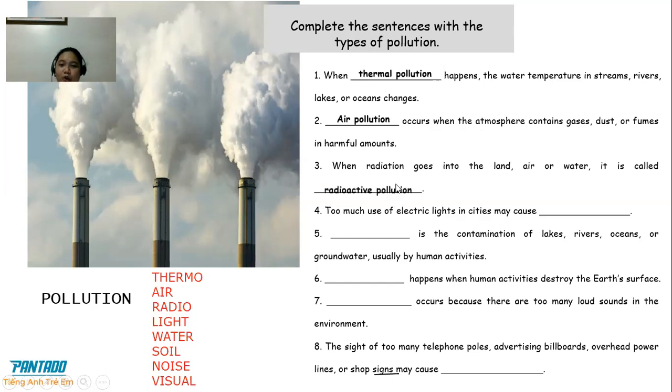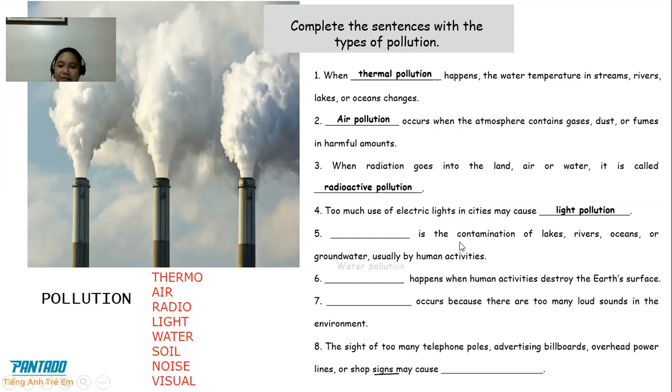Number three, when radiation goes into the land, air, or water, it is called radioactive pollution. Number four, too much use of electric lights in cities may cause light pollution.